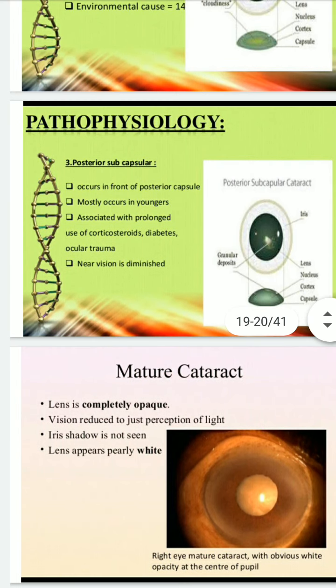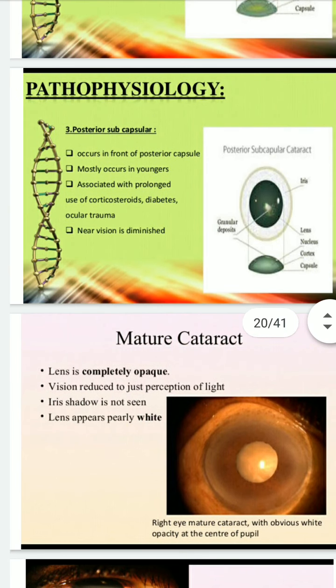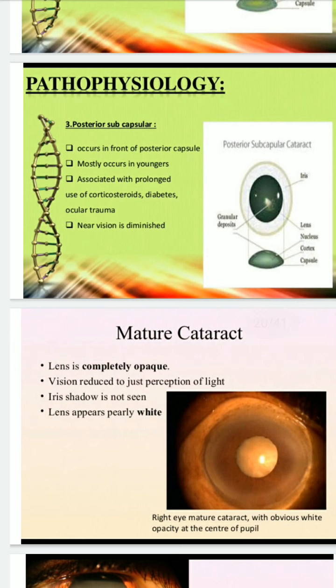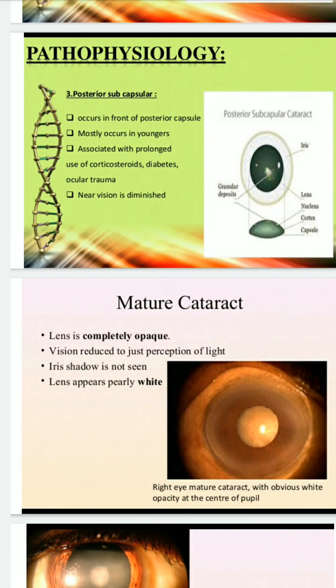And one more type is the hypermature cataract. In hypermature cataract, the anterior capsule is shrunken and wrinkled due to the leakage of water out of the lens. It is mainly of two types: the Morgagnian or liquefactive, and the sclerotic cataract.